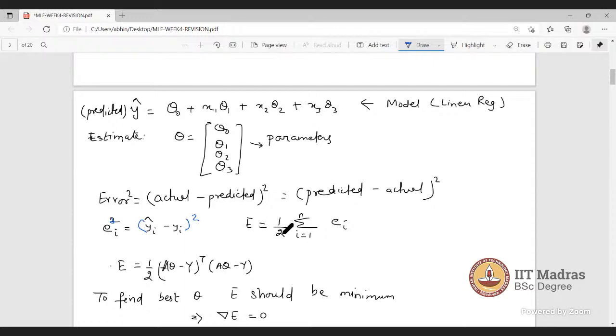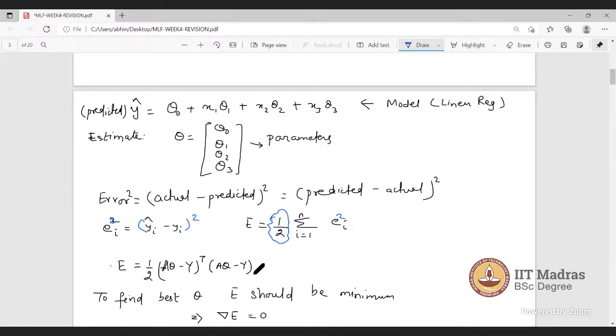Then the total error will be the sum over all these ei squares from the first training example to the nth training example, the total training examples. We are using this half just for mathematical convenience, and it has no physical significance as such. So the loss function is the summation over all the squared errors, multiplied by half.